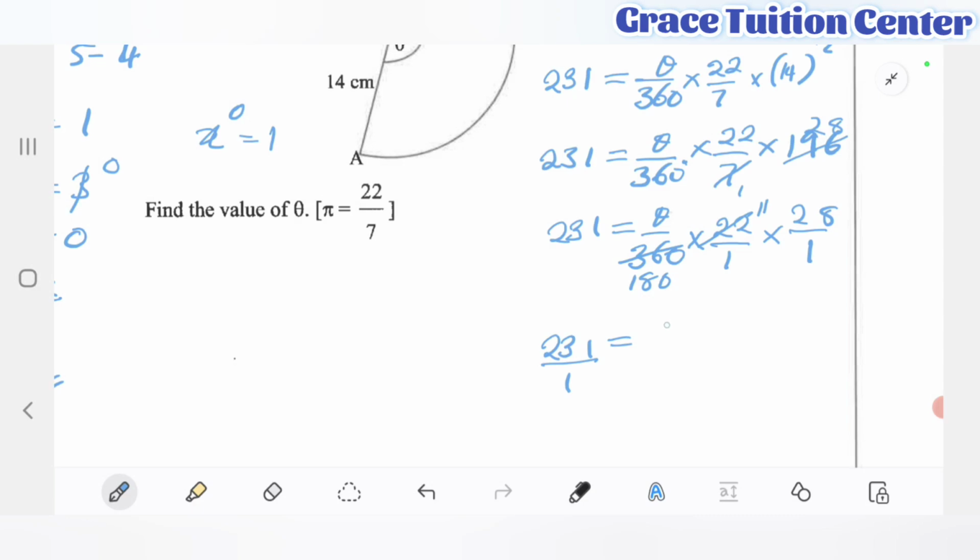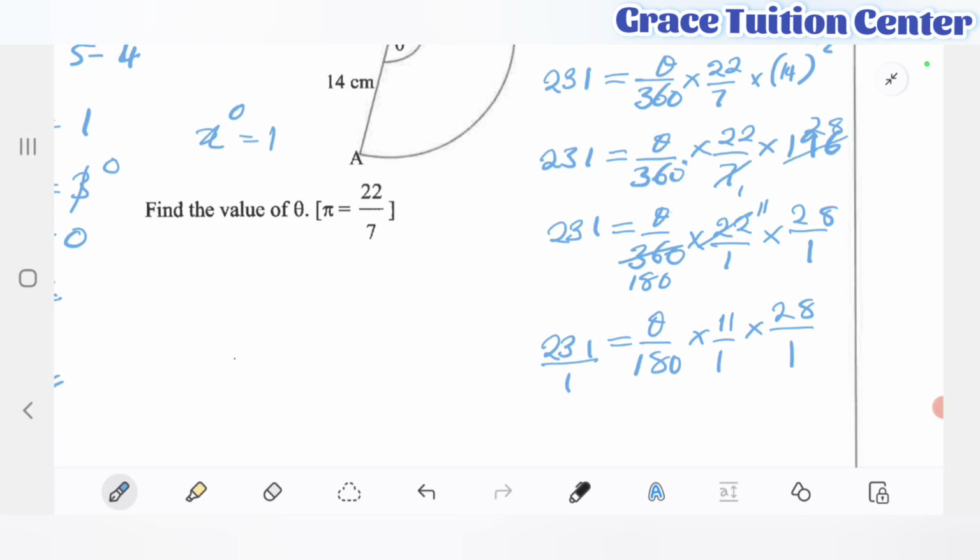231 equals theta over 180 times 11 over 1 times 28 over 1. So now I can cancel a number that goes into 28 and 180. Yes, 2 can go into both numbers, but it's not the highest common factor.